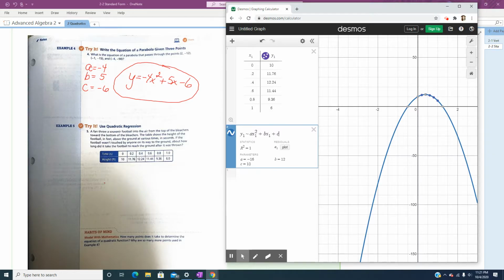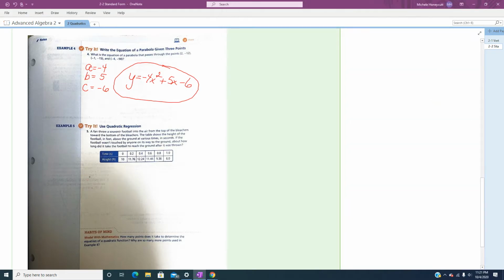So the equation for this parabola that fits this situation is y equals -16x squared plus 12x plus 10. Isn't that wonderful?